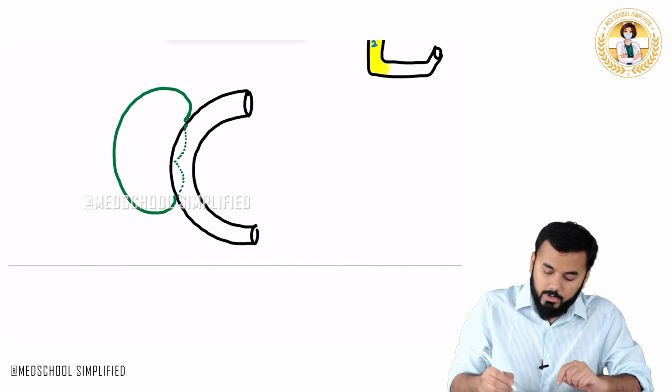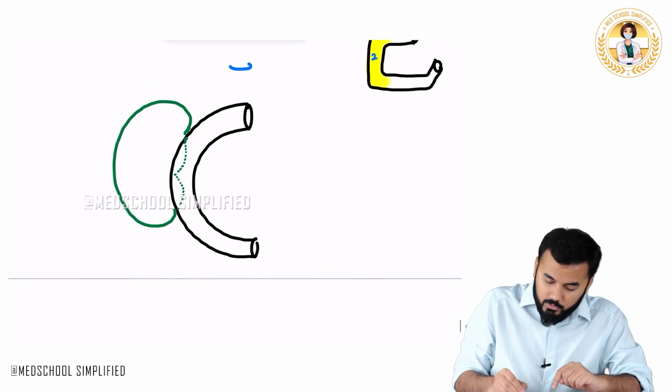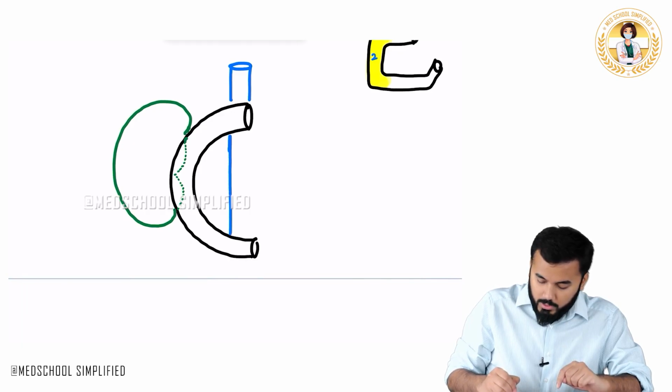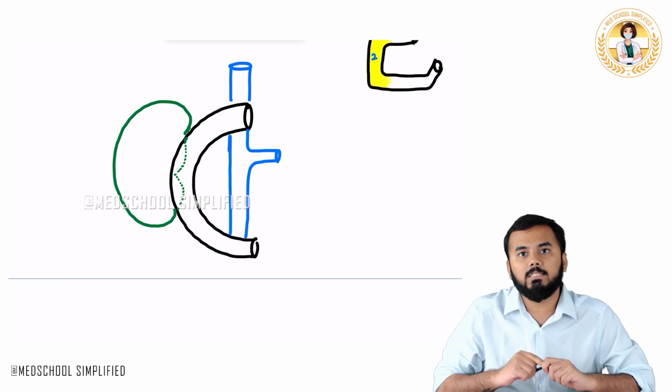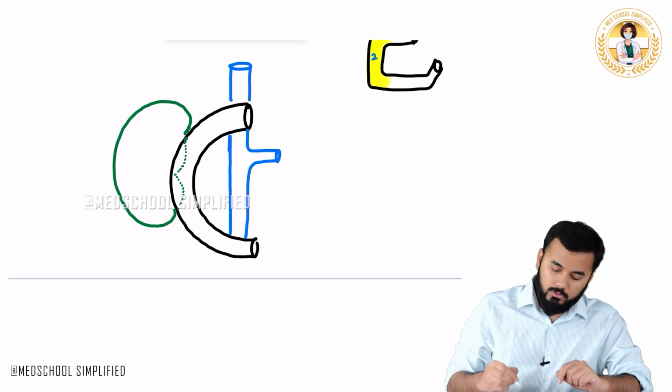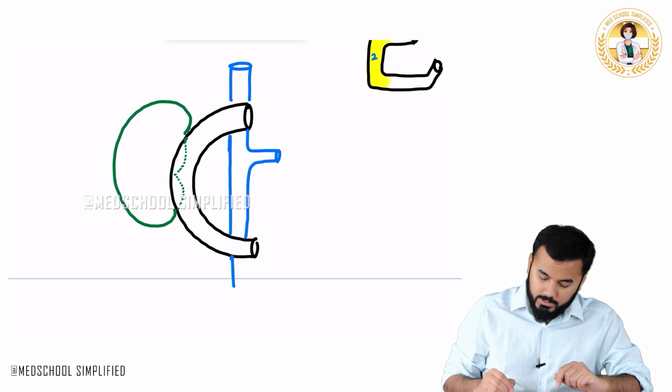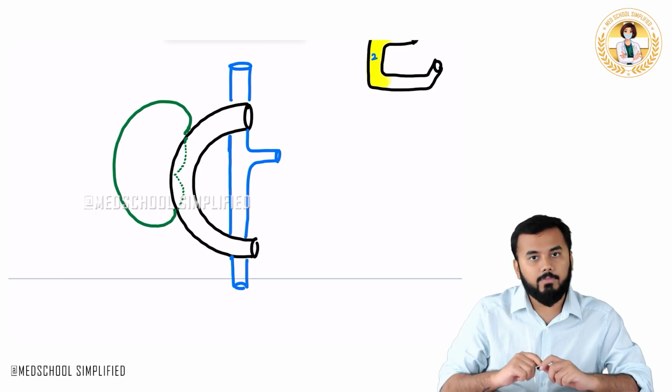The next important thing we have here is this vein which is coming all the way down. What is this vessel, guys? This vessel is called the inferior vena cava. This is the inferior vena cava which is present behind the second part of the duodenum.